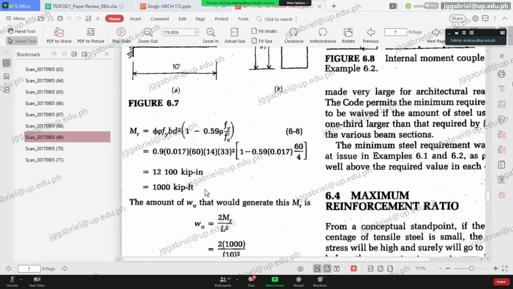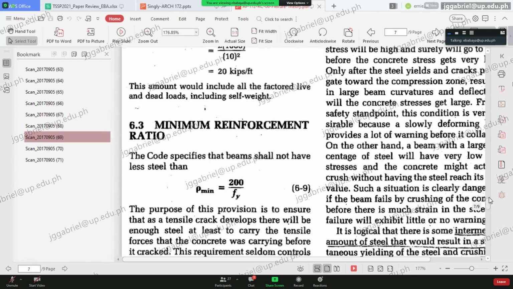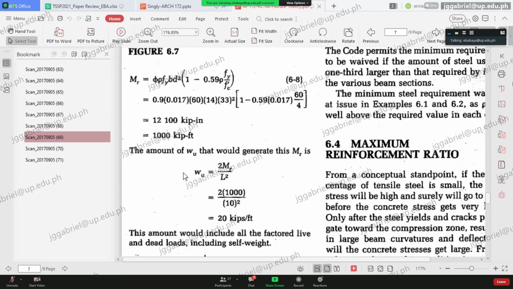So ito na yung basihan natin. The ultimate moment should not exceed this. So if we want to get the maximum WU that it can carry, we just substitute in the formula I mentioned: MR equal to WL squared over 2.